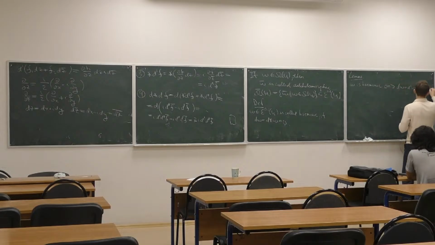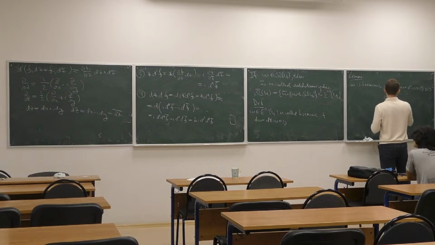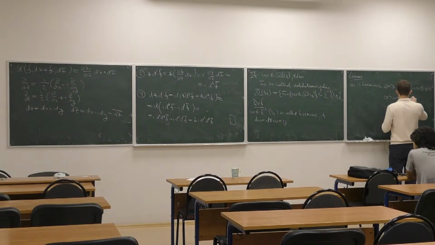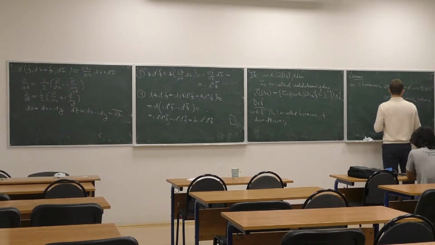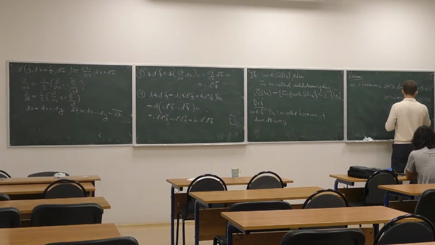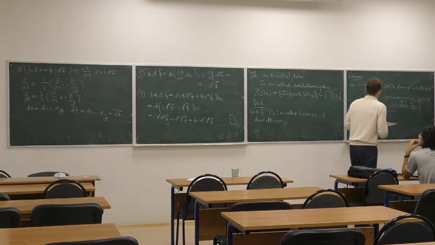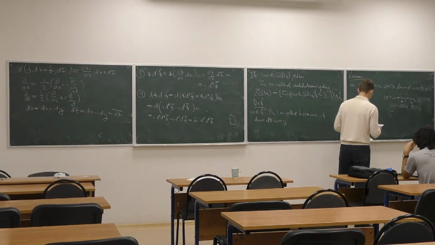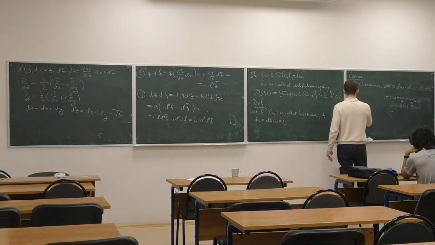And this is equivalent to the fact that omega is equal to omega 1 plus omega 2, where this guy is holomorphic and this guy is anti-holomorphic. And then the proof is easy.